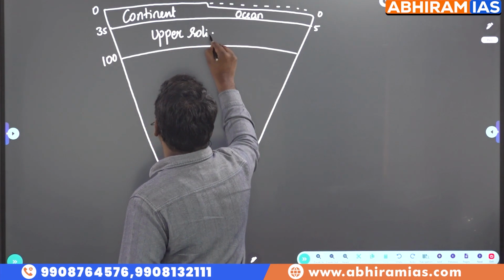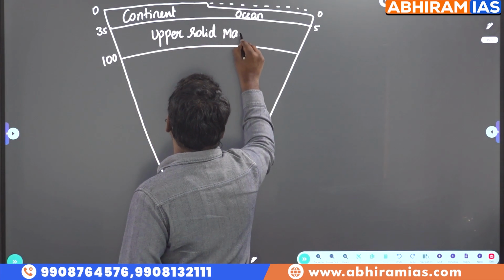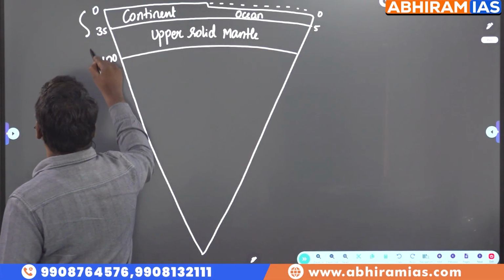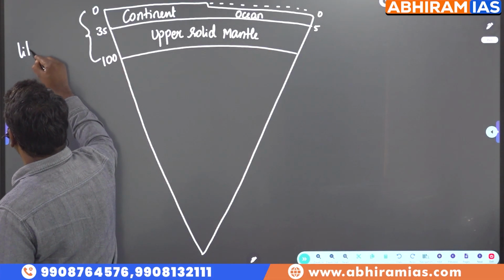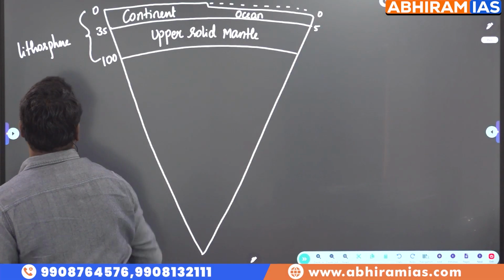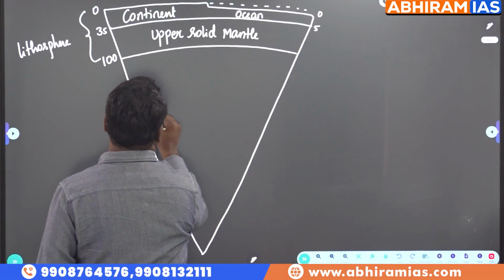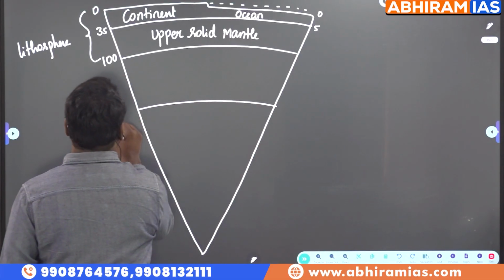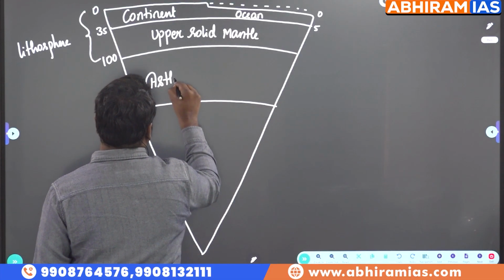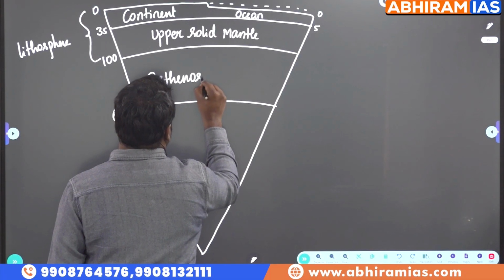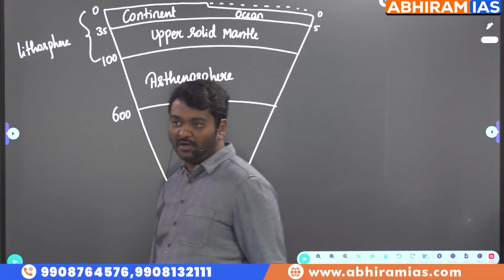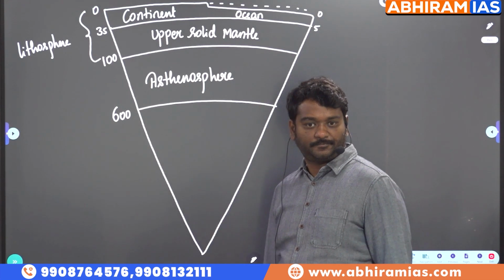Upper solid mantle. These two together are called as lithosphere. Till 600 kilometers, it is called asthenosphere.